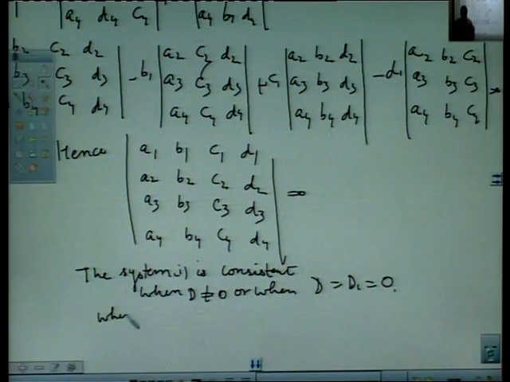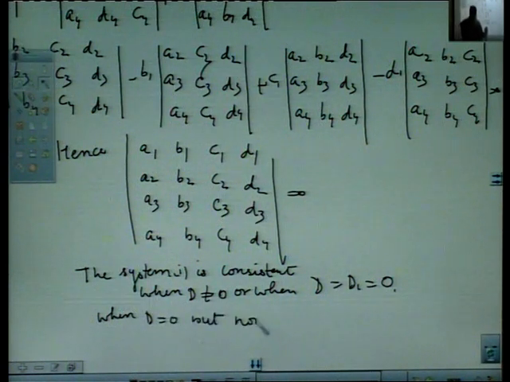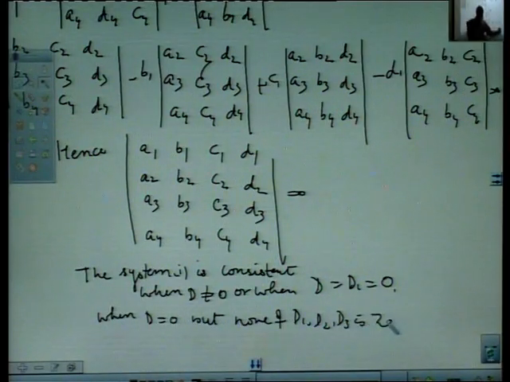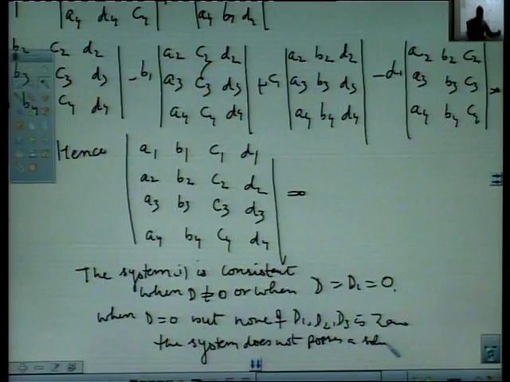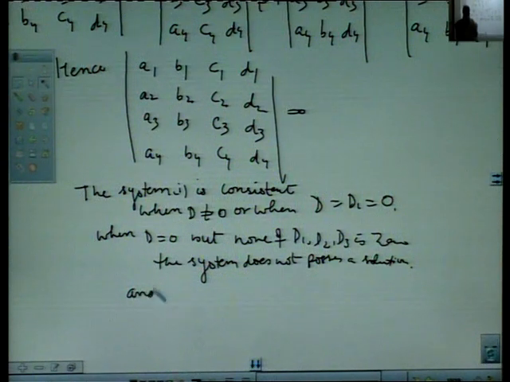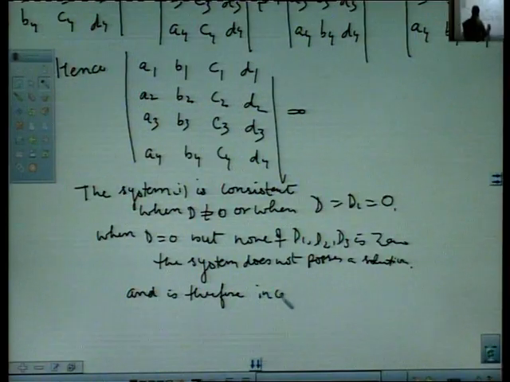When D equal to 0 but none of D1, D2, D3 is 0, the system does not possess a solution and is therefore inconsistent.